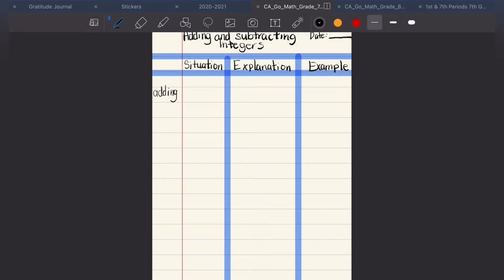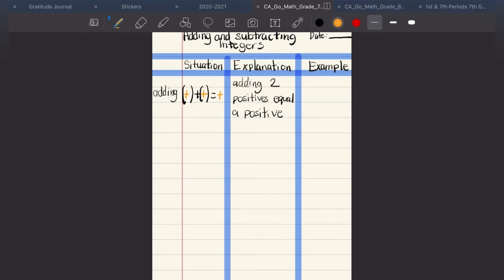Okay, so if you are adding two integers, if those two integers are positive, then your answer is going to be positive. Again, if you feel that I'm going by too fast, stop me so you can copy and then continue the video.